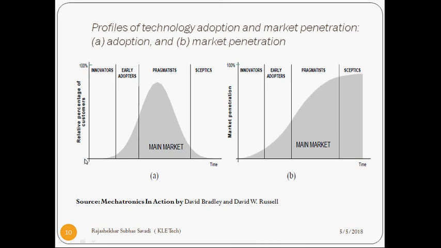To get a shorter R&D, you use simulation tools which can give you results faster, and you can do many iterations. If this doesn't work, you change it and come back; this doesn't work, change it and come back. So you can do many iterations and thereby save a lot of time, cost and the risk associated, as we discussed, and thereby time to market will be reduced. Thereby you can enter the market early.